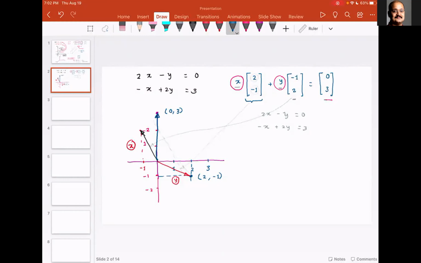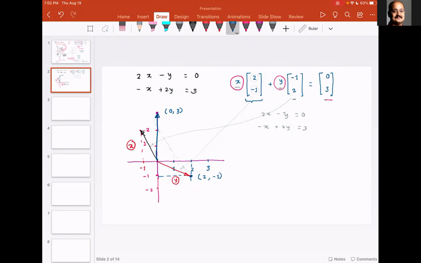And then the weights on these two vectors could be positive or could be negative. Once you have those, we found those weights x and y. X and y is a scalar that can take values such as 0, a negative value or a positive value.